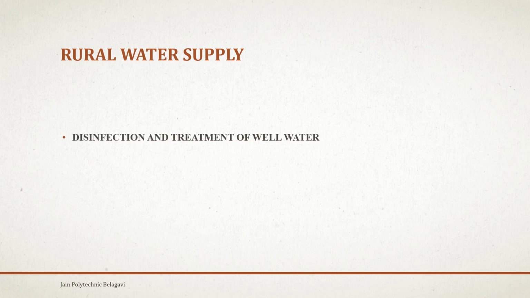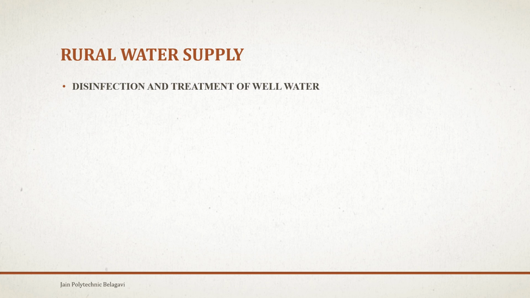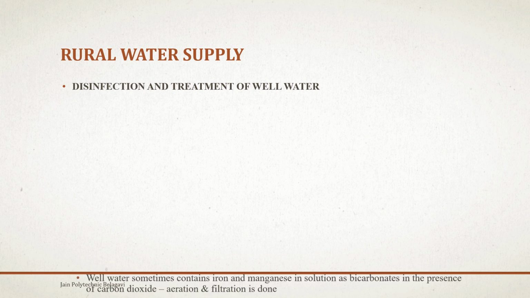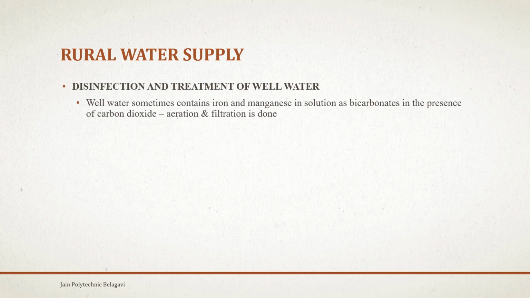So next we'll continue with the disinfection and treatment of well water. The well water sometimes contains iron and manganese in solution as bicarbonates in the presence of carbon dioxide.